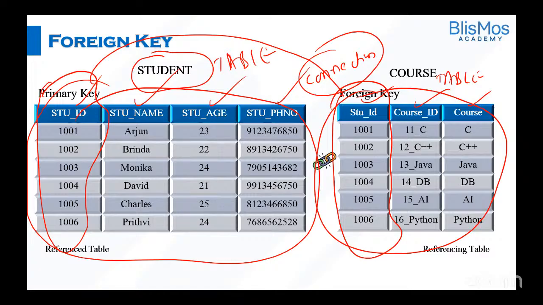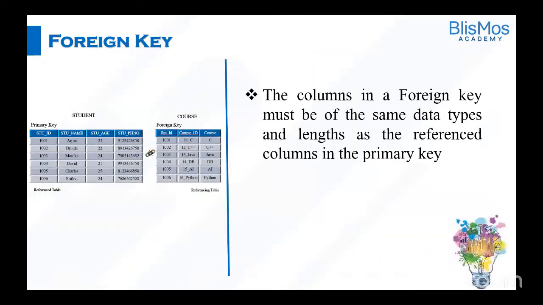Some of the important aspects of a foreign key: columns in a foreign key must be of the same data type and length as the referenced columns in a primary key.